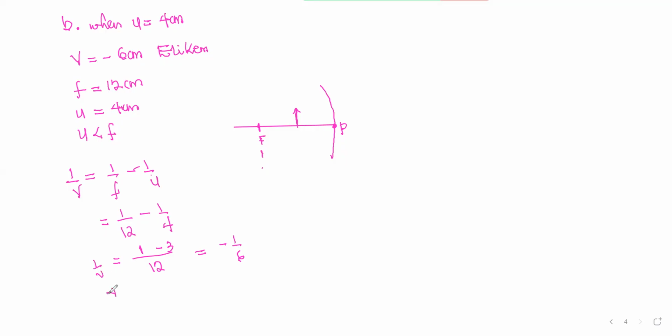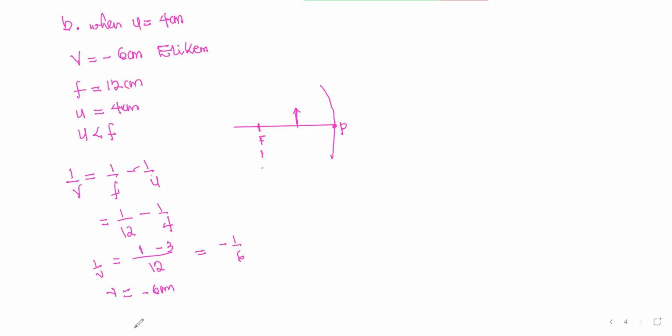Therefore, V is equal to negative 6 centimeters. That is the power of this convention. Any question, class? No question.